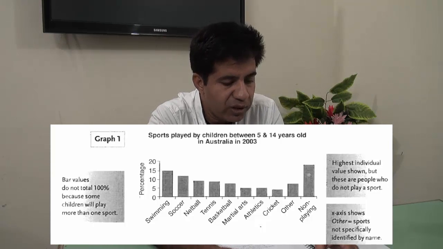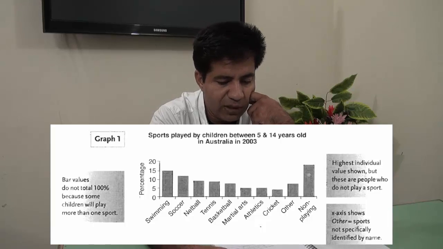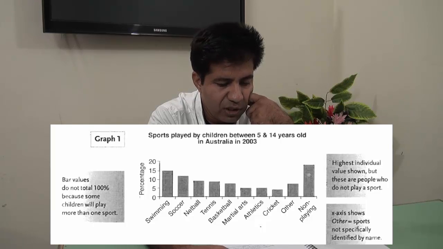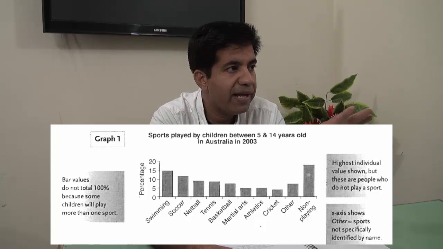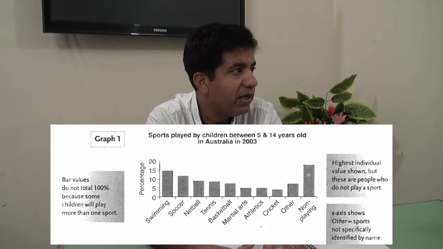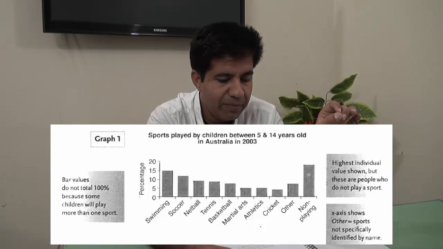Bar values do not total 100% because some children will play more than one sport as well. And the highest individual value shown is for people who do not play a sport. We got the highest value, non-playing. Non-playing are the people who don't play any sports. So they are the highest one. It means a large number of people don't play any sports.